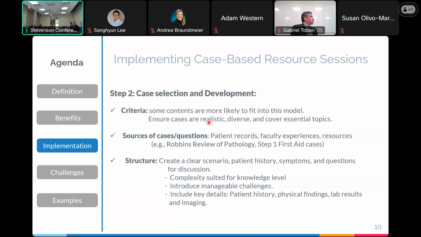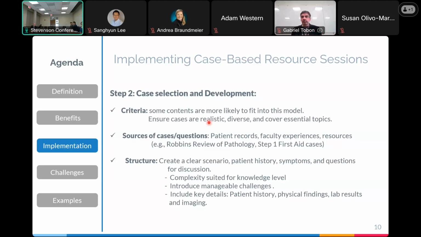The second step is case selection and development. And here, I have to mention that some contents are more likely to fit in this model than other contents. For example, in pathology, we are delivering with Dr. S pathology, and it is very useful for this kind of resource session, for example, to cover renal pathology, when we have many different diseases that we can collect to make the differential.